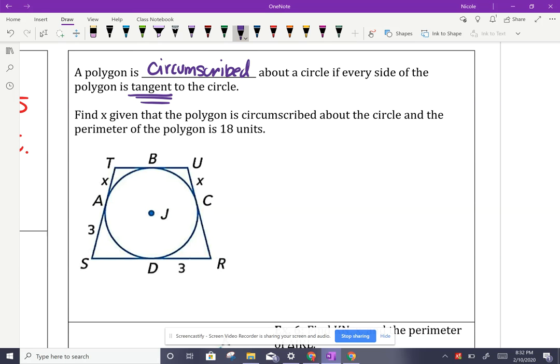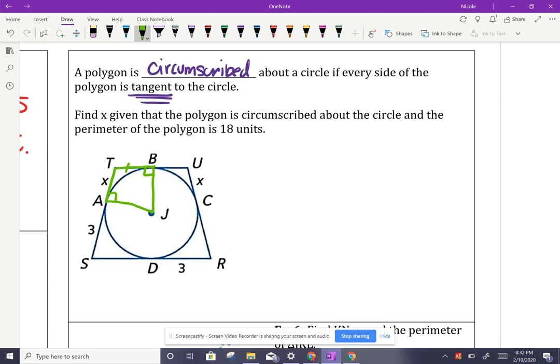And if it's tangent, let's see, we have T going to A as well as going to B. So remember, these are going to connect to the radius at right angles.